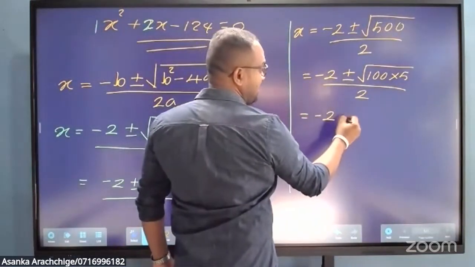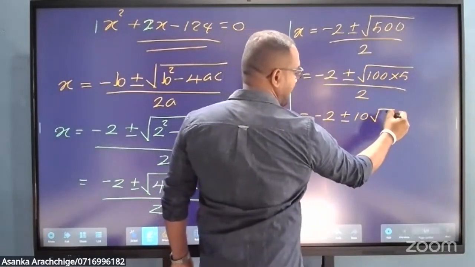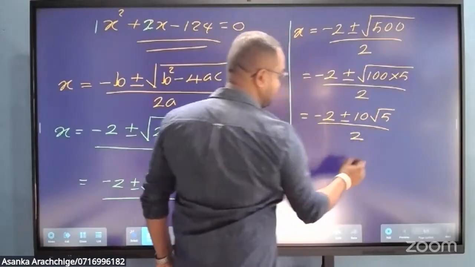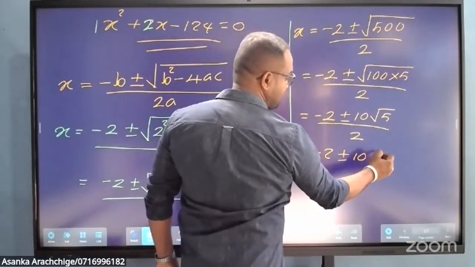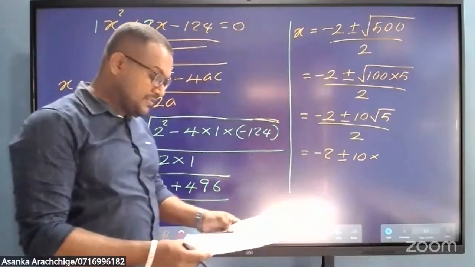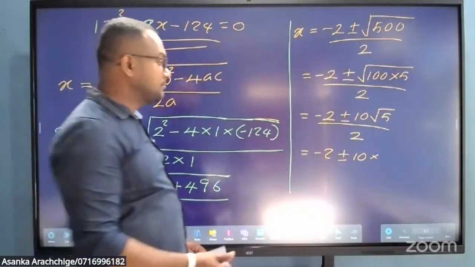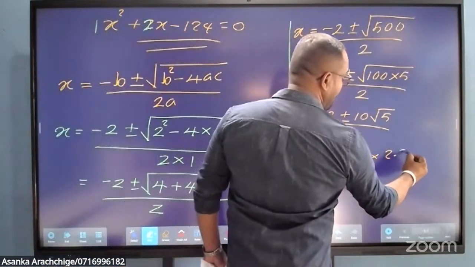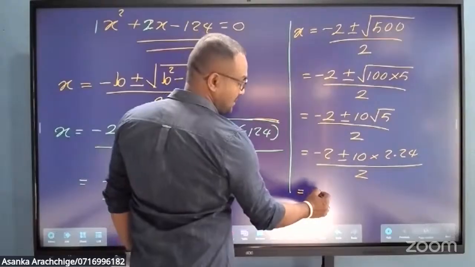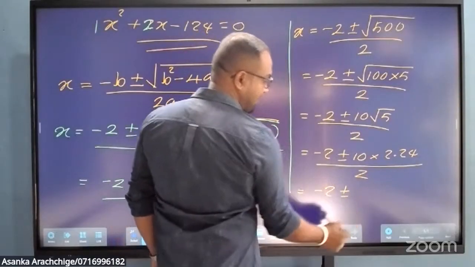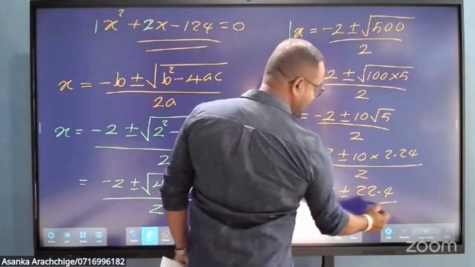Then minus 2 plus or minus square root of 100 is 10, and square root of 5, upon 2. Minus 2 plus or minus 10 times square root of 5, which is given to be 2.24, upon 2. Minus 2 plus or minus 10 times 2.24, 22.4, upon 2.